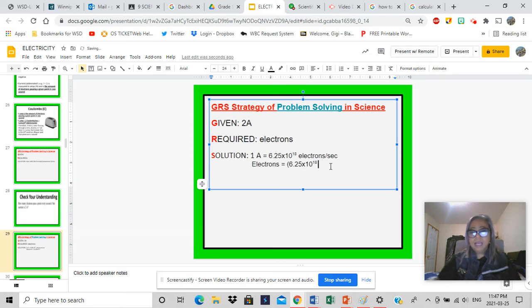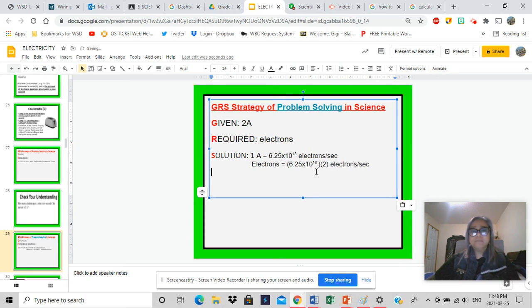Because it might be interpreted as another variable. So this number multiplied by 2, I would not use x2, but instead I will say times 2 this way. And of course, the difference now of science with math mostly would be we take care of our units, okay?